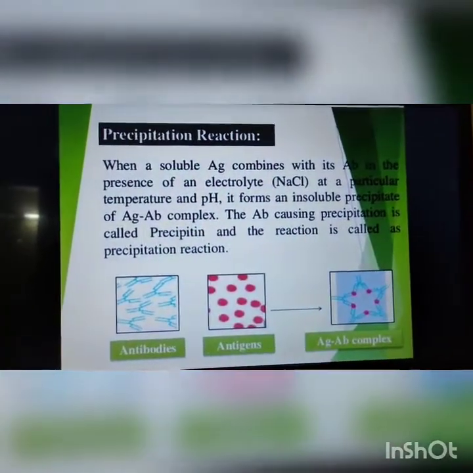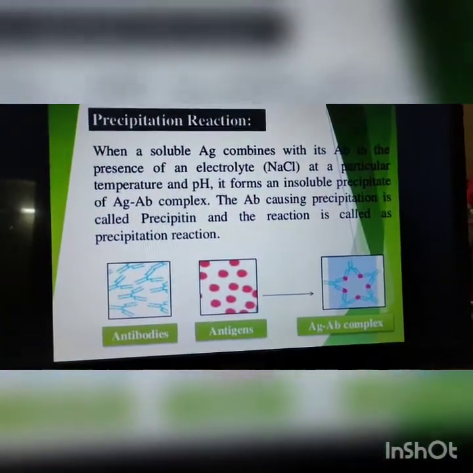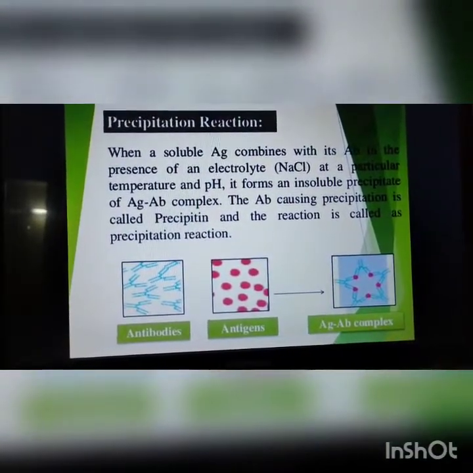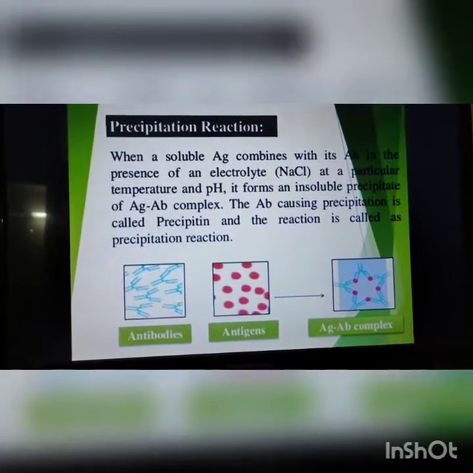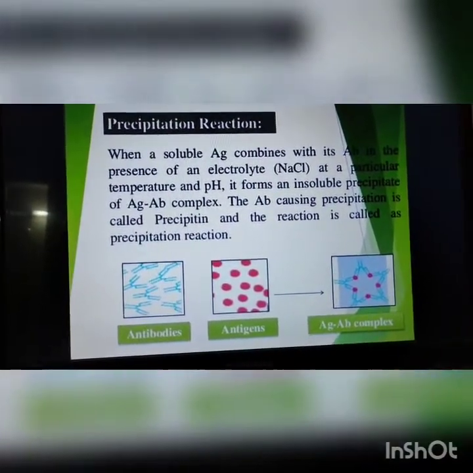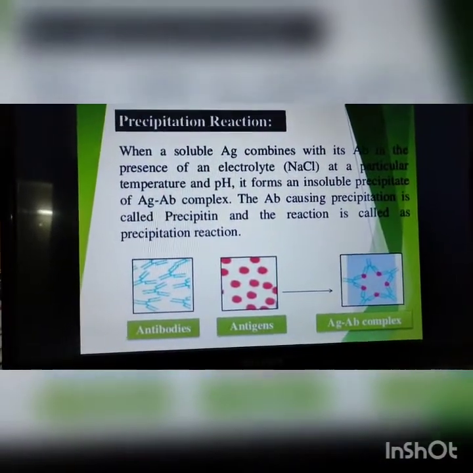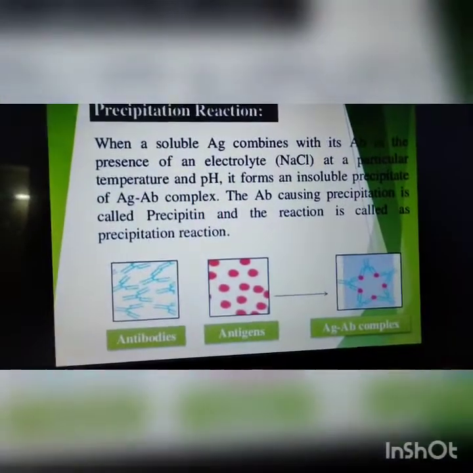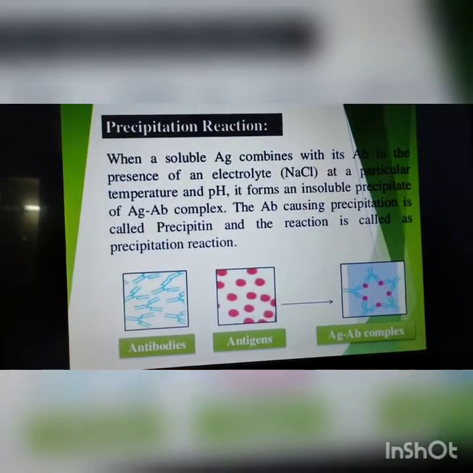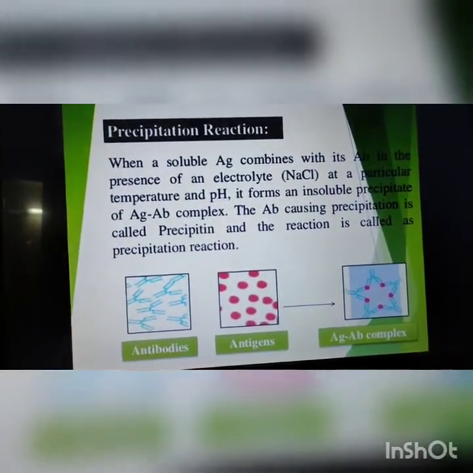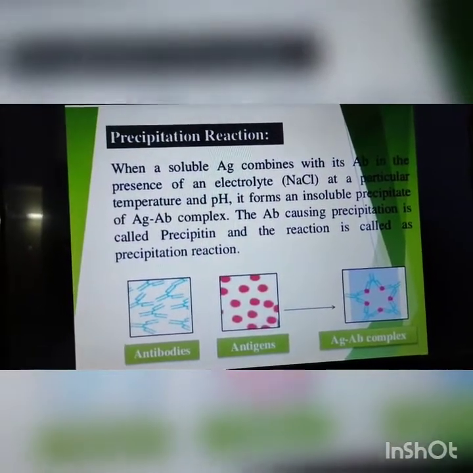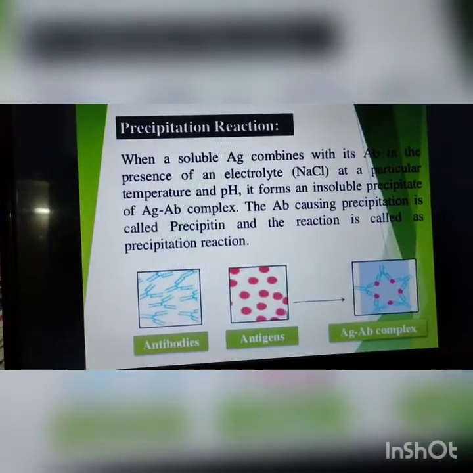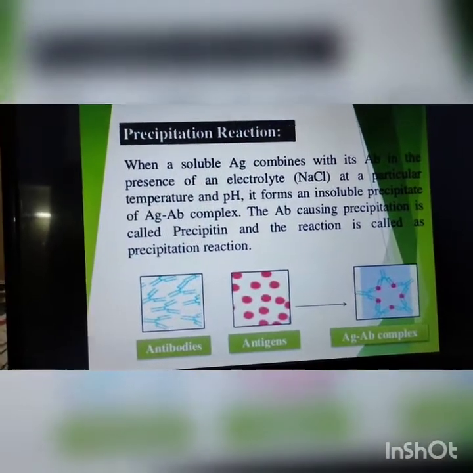When a soluble antigen combines with its specific antibody in the presence of an electrolyte, that is sodium chloride, and the reaction is carried out at a particular temperature and pH, it forms an insoluble precipitate called the antigen antibody complex. The antibody causing the precipitation is called the precipitin, and the reaction is called precipitation.